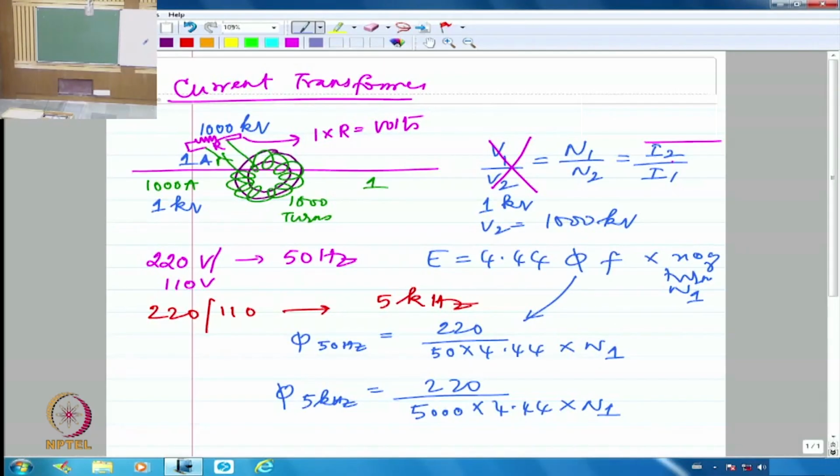So if I am using a particular material, then I can say for 5 kilohertz I can definitely choose smaller cross sectional area. So in this case, if I say B multiplied by A1, this will be B multiplied by A2. So A2 is going to be much smaller as compared to A1. So if the cross sectional area decreases, automatically the core size will decrease.